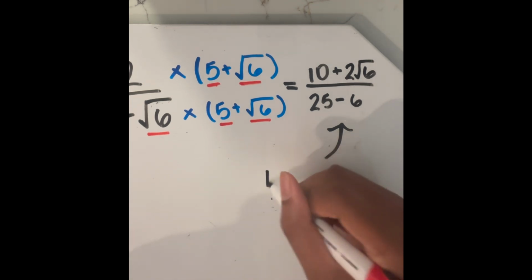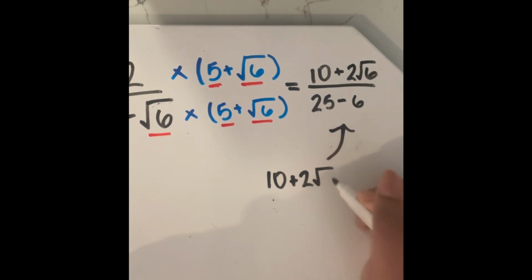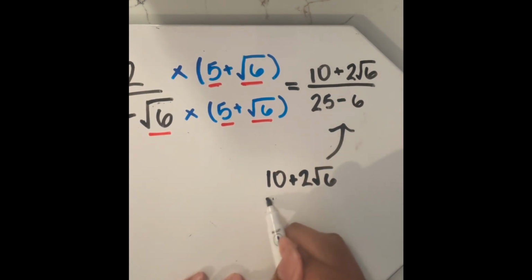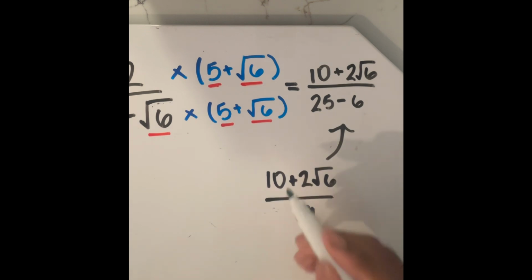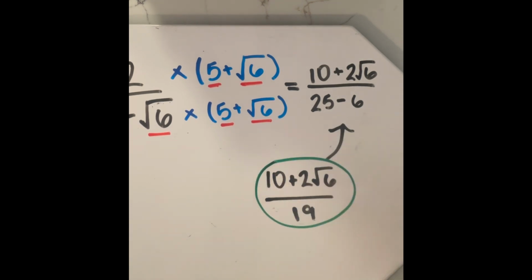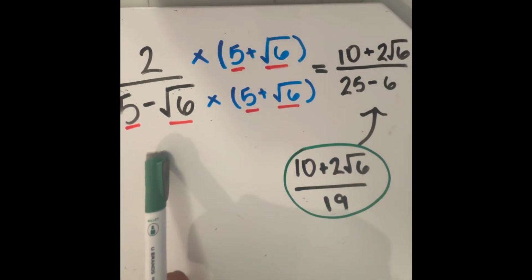So we have 10 plus 2 square root of 6 over 19. And that is our final answer. I'll circle that in green. And that's how you would evaluate this expression up here, 2 over 5 minus the square root of 6.